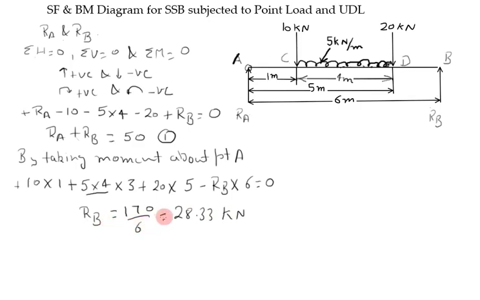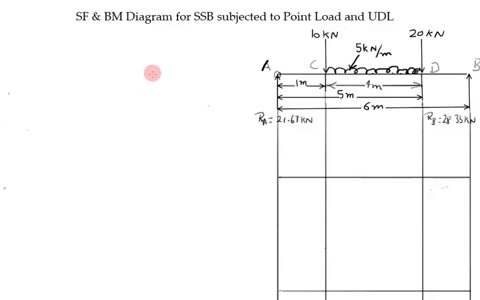Put the value of RB in equation number 1. So RA comes out as 21.67 kilonewton. So RA is 21.67 and RB is 28.33 kilonewton. Now plot shear force and bending moment diagram by left and right hand method.